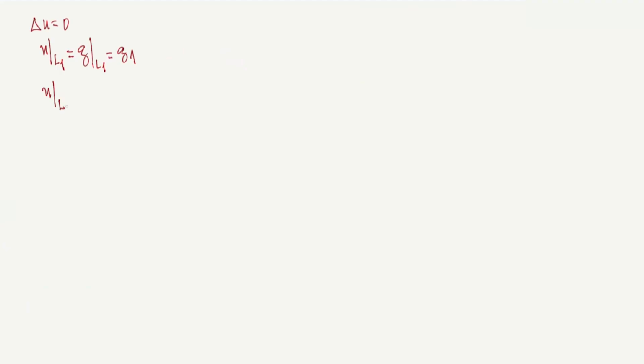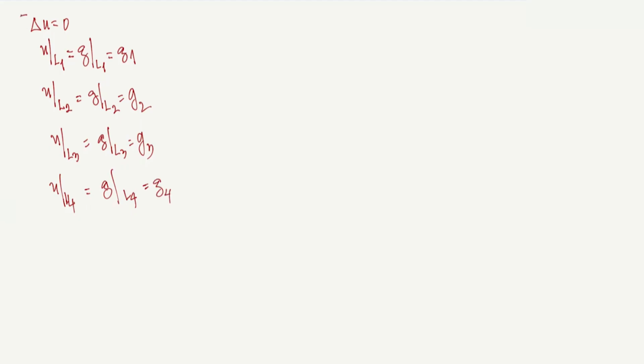Again, u restricted to L2 is g restricted to L2, which is g2. And u restricted to L3 is nothing but g restricted to L3, which is g3. Again, u restricted to L4 is g restricted to L4, which is g4. I'm just defining stuff.